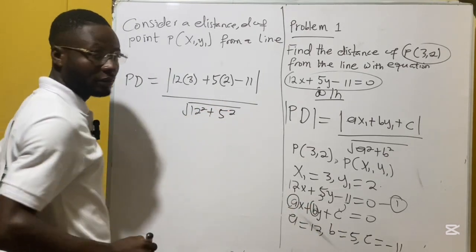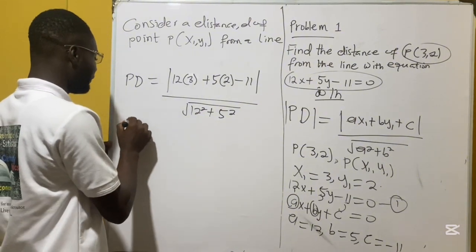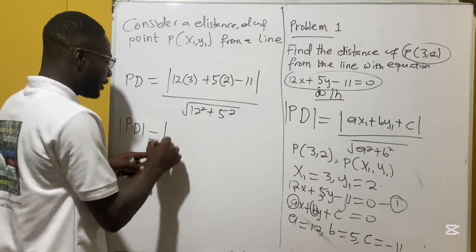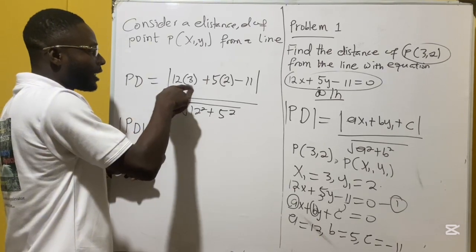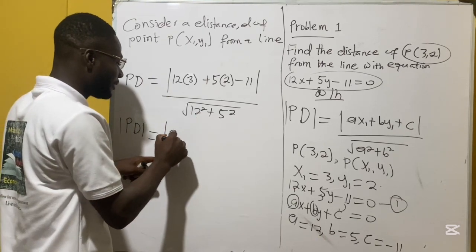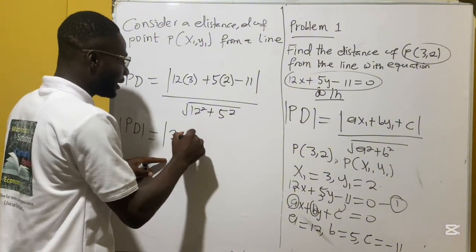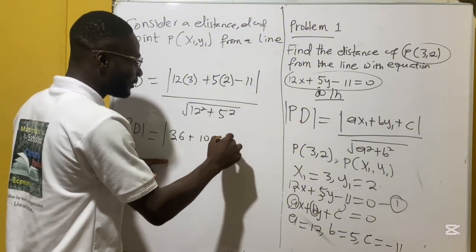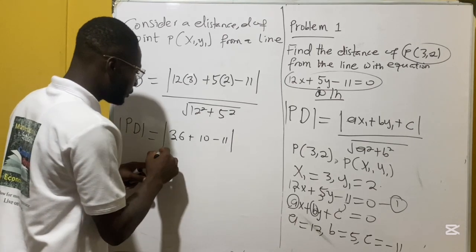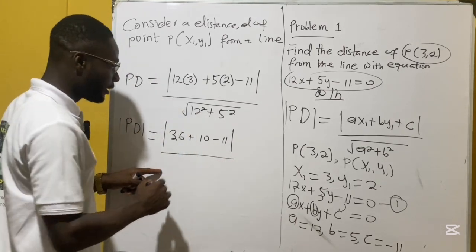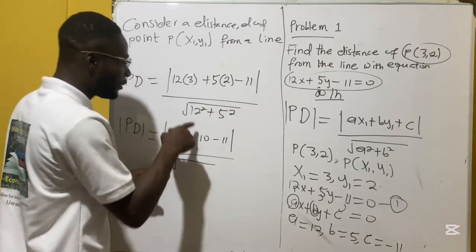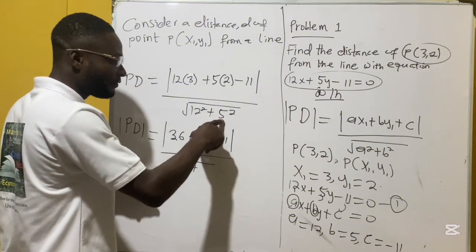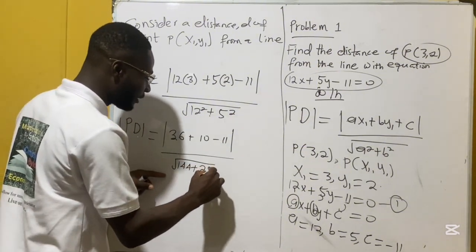What is A? 12 squared, plus our B, 5 squared, right? So we have distance PD equals the absolute value of 12 times 3, which is 36, plus 5 times 2, which is 10, minus 11, all over the square root of 12 squared, 144, plus 5 squared, which is 25.